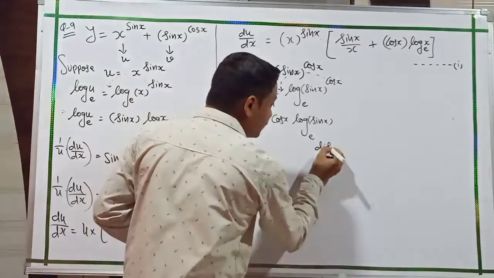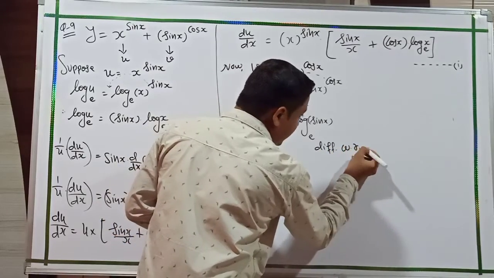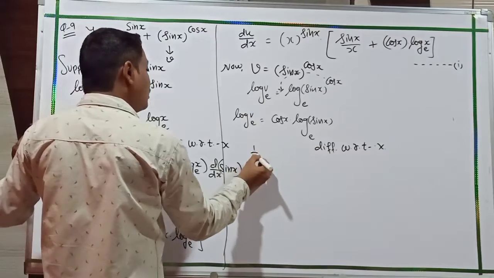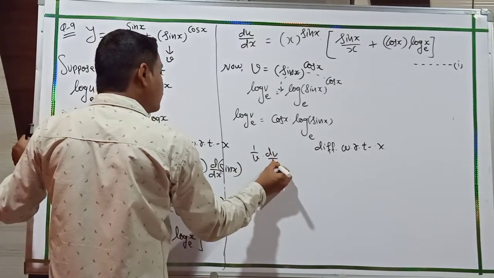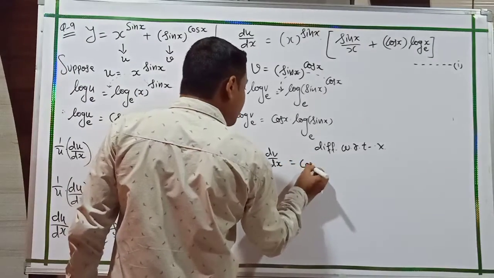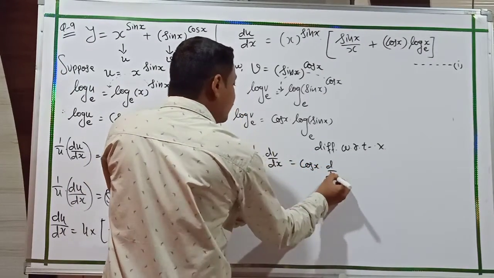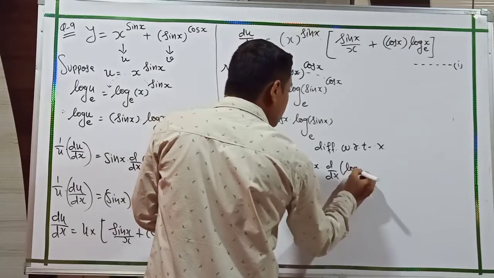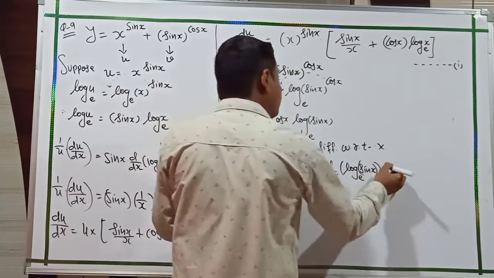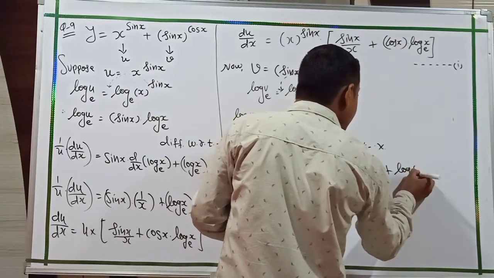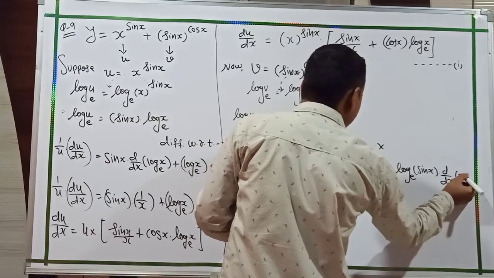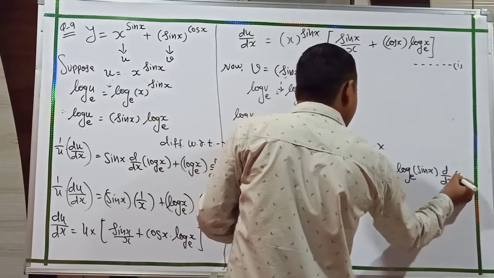Differentiation with respect to x. So what you get? Log v derivative 1 by v, v derivative dv by dx, and here apply first, second: first into derivative of log of sin x, plus second into first derivative, d/dx of what the first function?